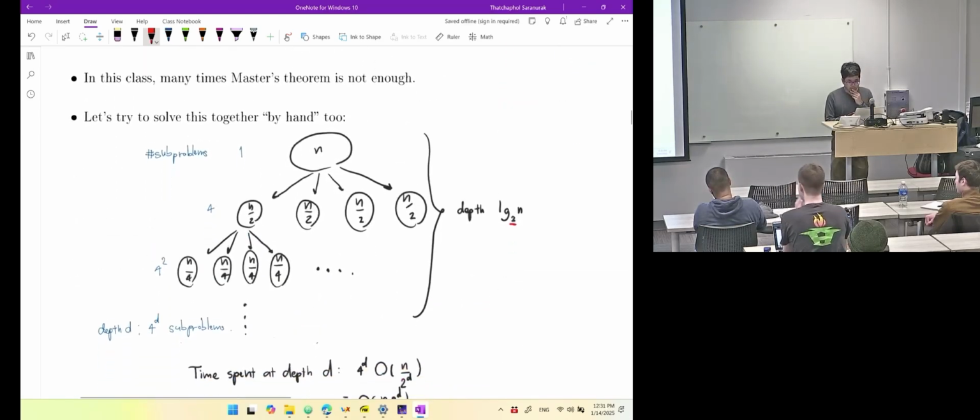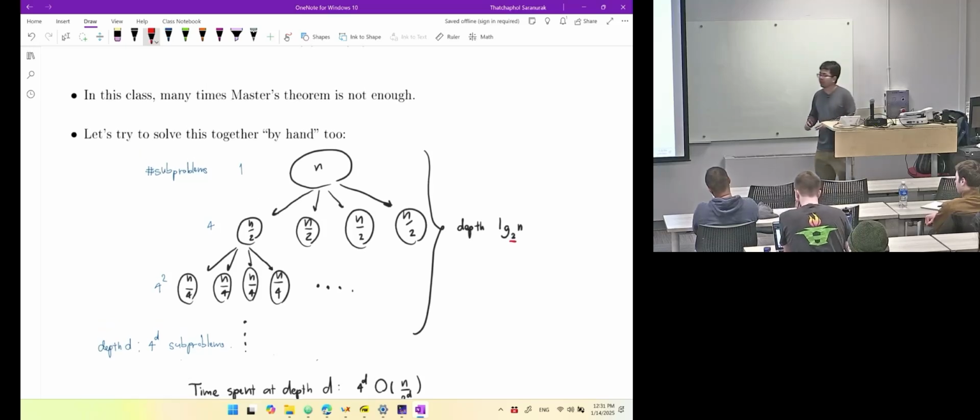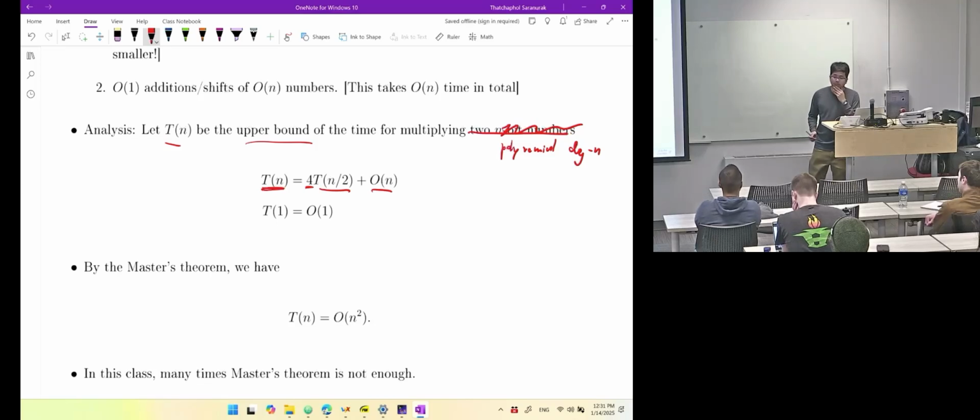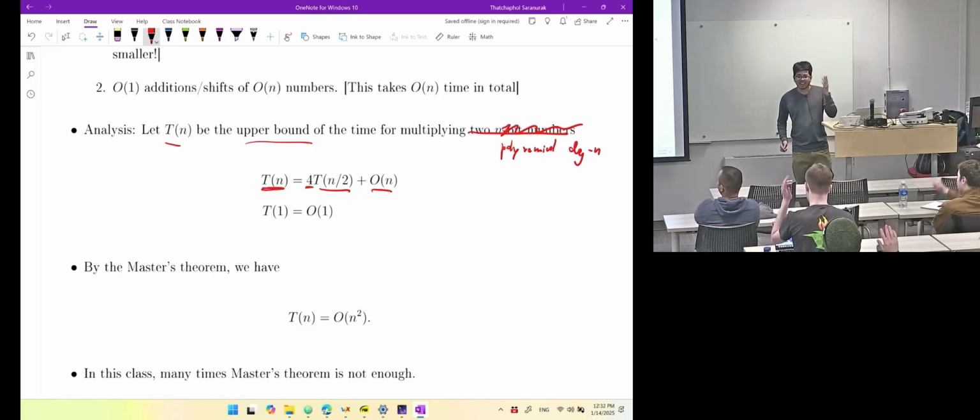By the way, in this class many times, actually let me ask, how many of you have learned master theorems? Okay, basically everyone. How many didn't see it before?